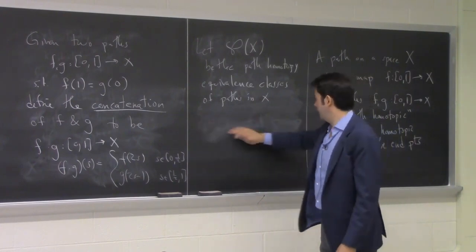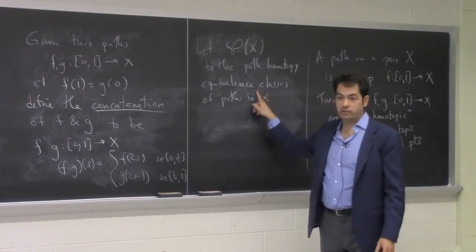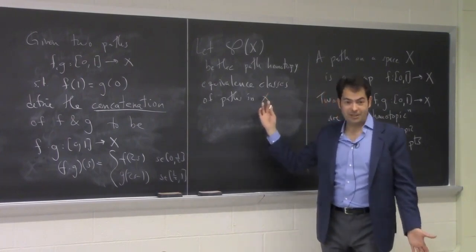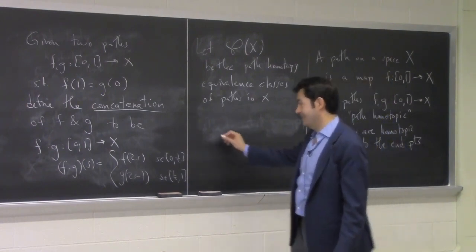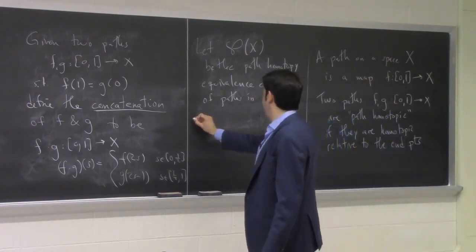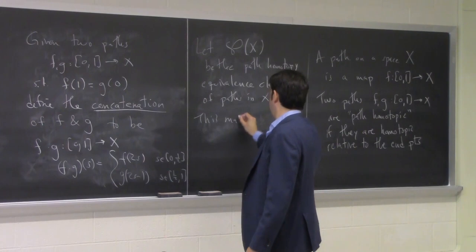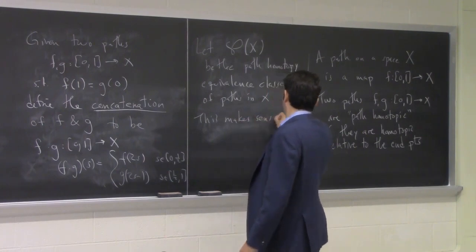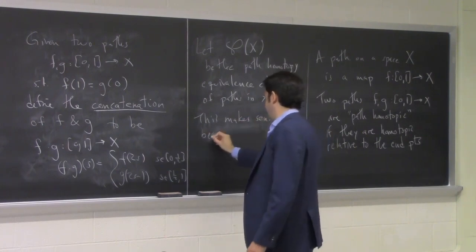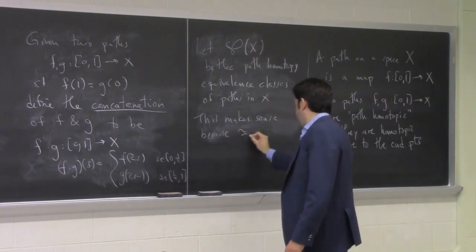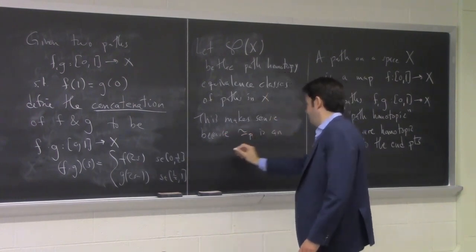Okay, and I'm getting ahead of myself because I haven't shown that this is an equivalence relation. So let's check that it's an equivalence relation. This makes sense because path homotopy is an equivalence relation.